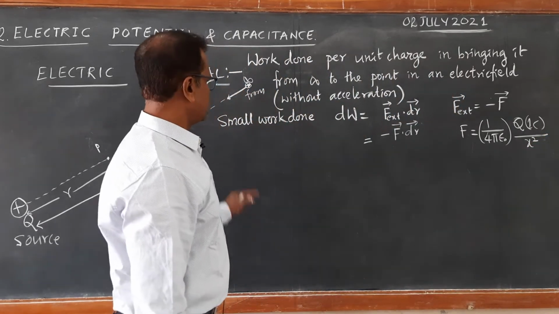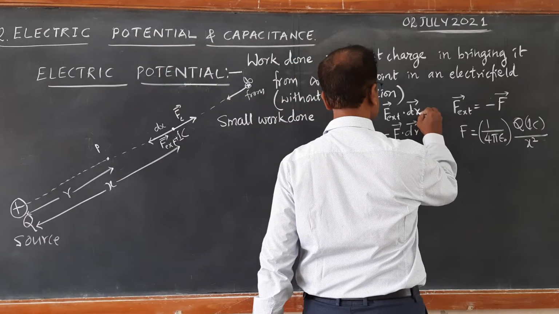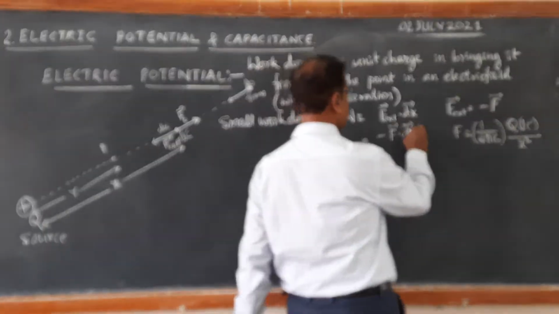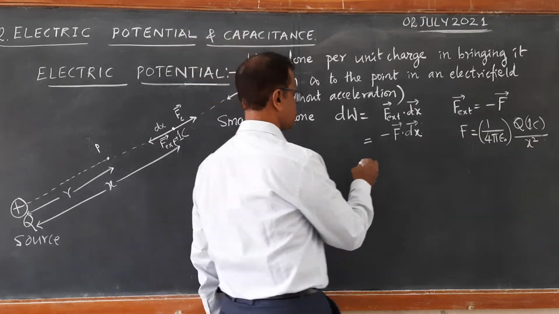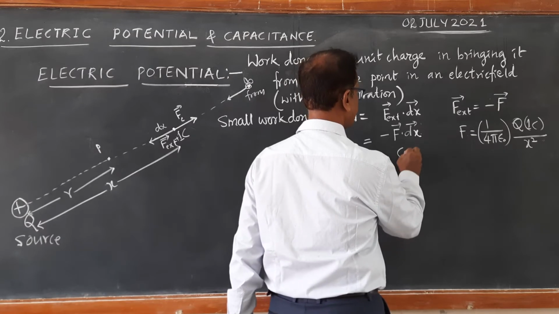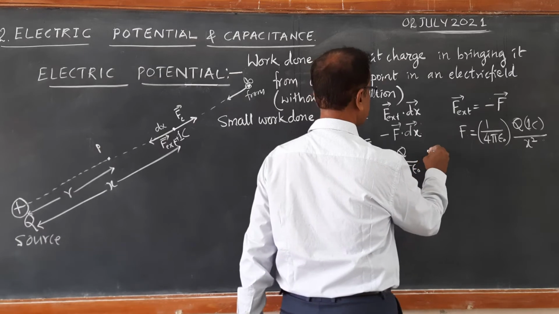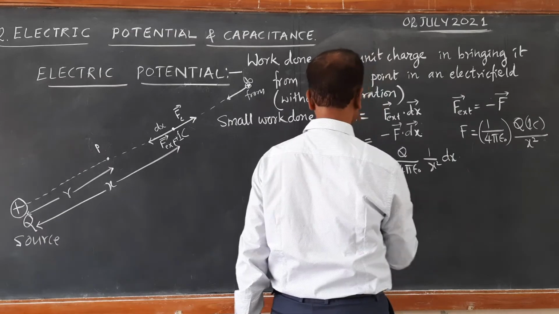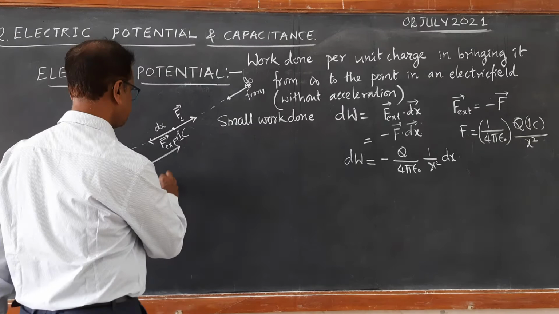So here, instead of dr it is dx, the small displacement which I have taken here is dx. So then it becomes F dot dx, right? Now I can substitute: minus Q upon 4 pi epsilon naught, 1 by x square dx. This becomes dW.